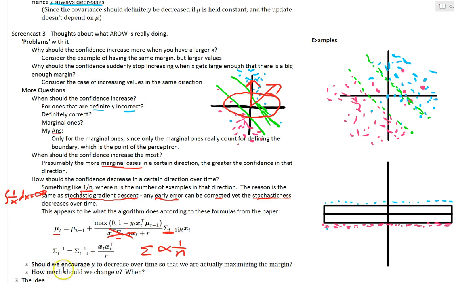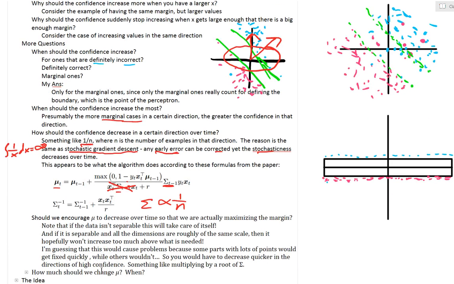Now I had this other idea. Should we encourage mu to decrease over time so that we are actually maximizing the margin? And I think the answer is maybe, but this probably isn't worth it. Since we have more updates in certain directions than in other directions, we would actually want to decrease more in the directions of higher confidence.